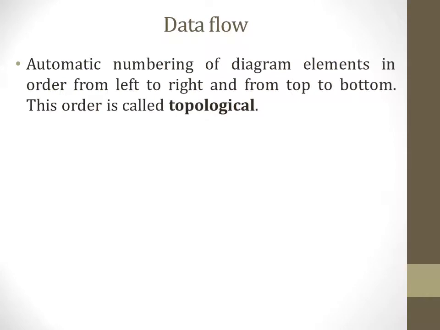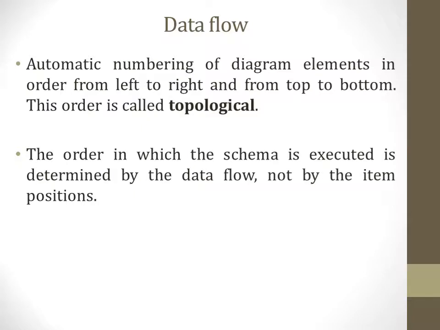Data flow: automatic numbering of diagram elements in order from left to right and from top to bottom. This order is called topological. The order in which the schema is executed is determined by the data flow, not by the item positions.